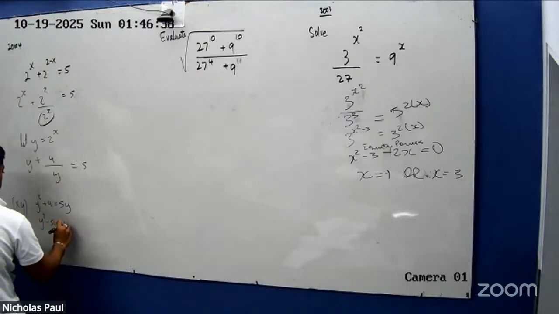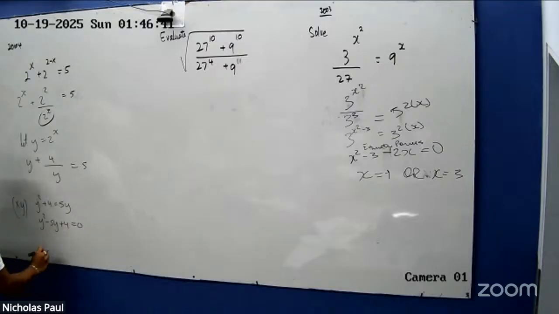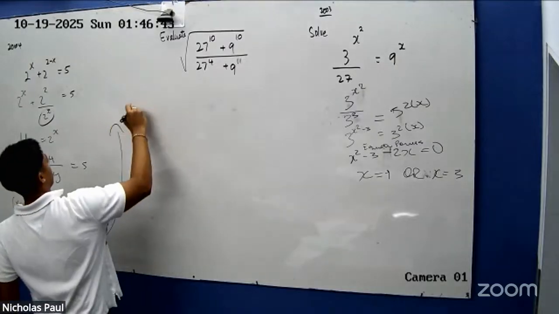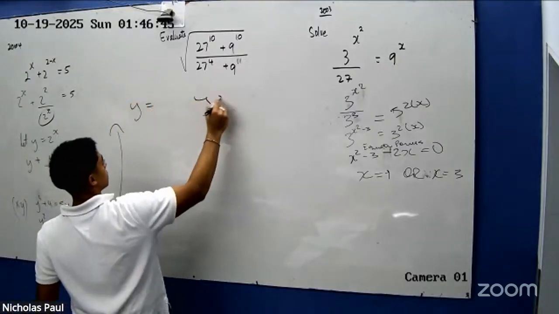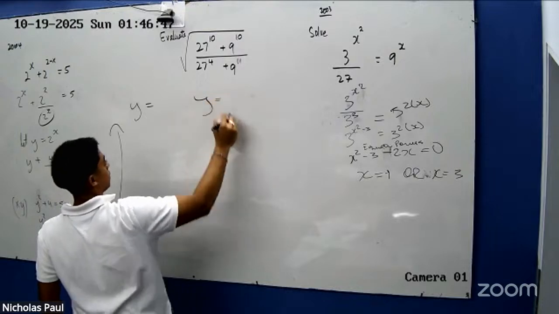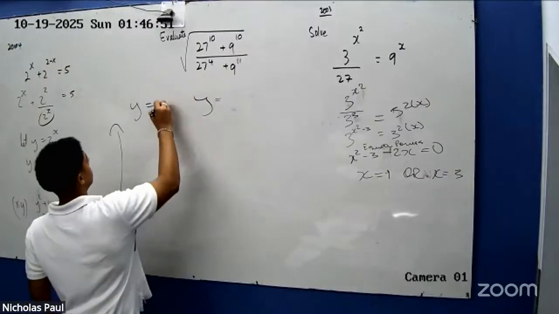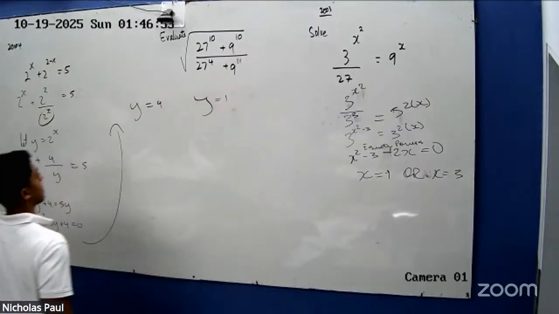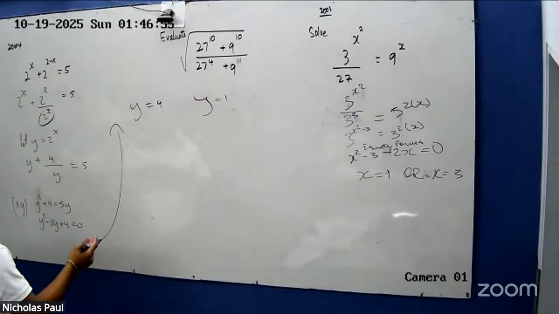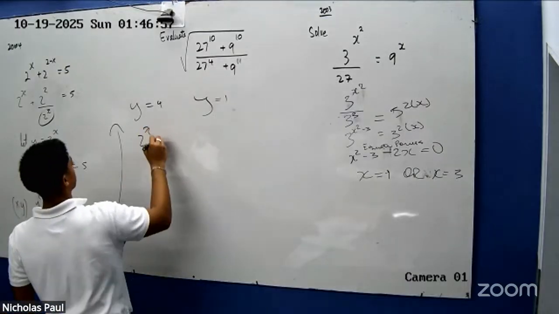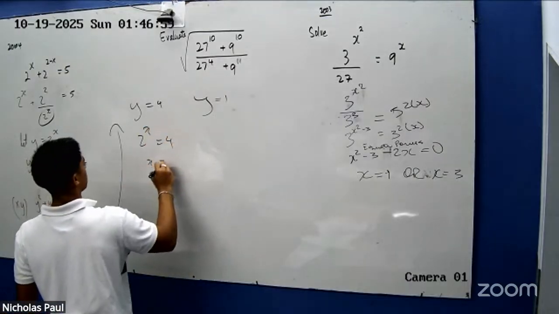Somebody can solve it. Pass that. What are the values for y? Y is what? 4 and 1. So, 2 to the x is 4. Oh, 2 to the x equals 4, so that means x equals 2.